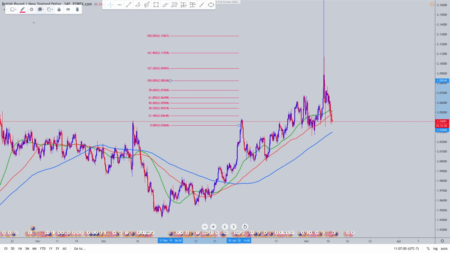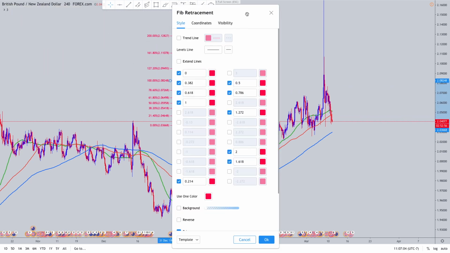And my settings, because I'm sure someone might ask, these are my settings for the fib. The very common, obviously 0 and 1. And then the 0.382, 0.618, the 50 level, and these are a little less common, the 0.214 and 0.786.